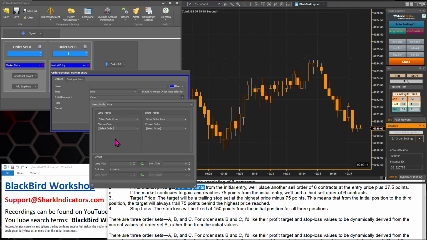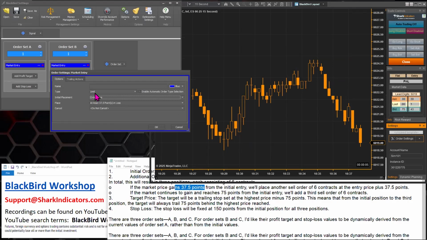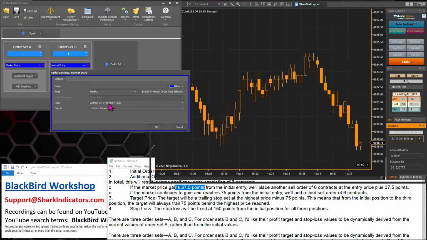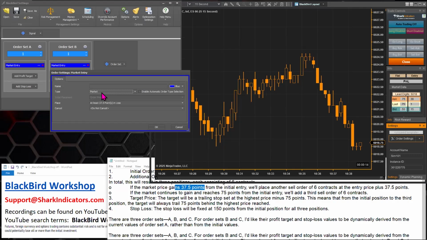So this would have to be a market entry, and with the placement set up, if you don't want resting orders out there at the exchange. This is going to introduce some slippage for sure. In today's markets, there's always slippage.